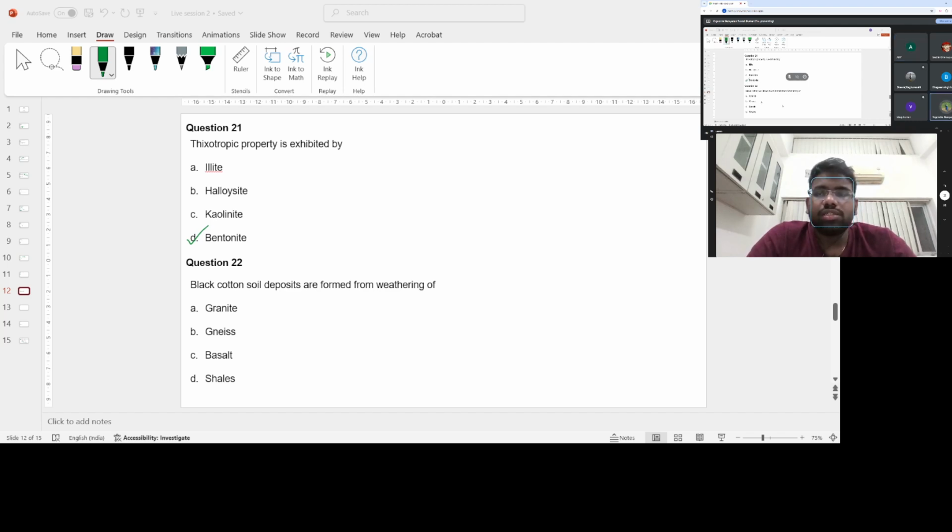In the presence of the same moisture content, when you remold it, or in layman's terms, when you disturb it, it will start behaving like a fluid. It will start to behave as a slurry.